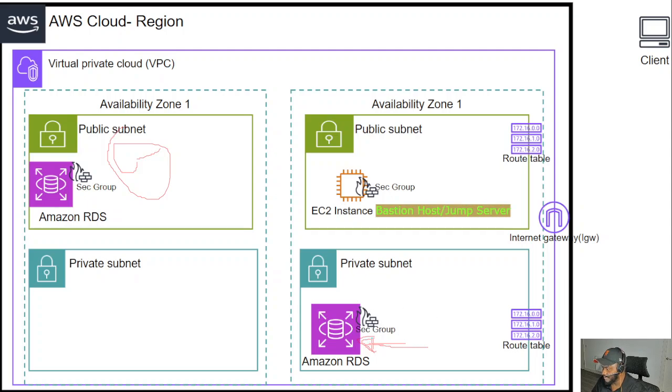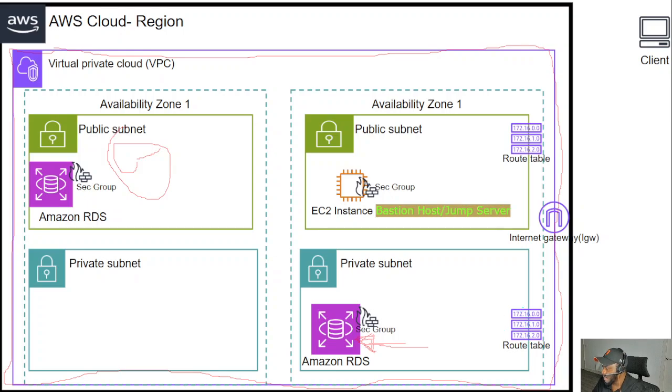When you deploy your RDS instance in a private subnet, what happens is that this RDS instance can only be accessed from an AWS resource that is within your VPC. You cannot access this RDS instance from a compute resource outside of this VPC, because the RDS instance is in a private subnet and the route table does not have an internet gateway attached to it.